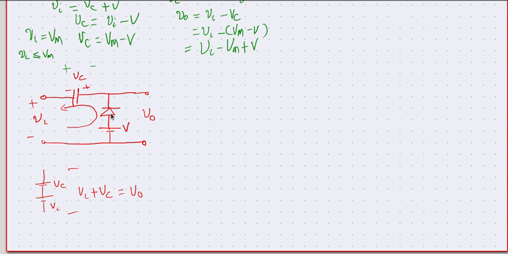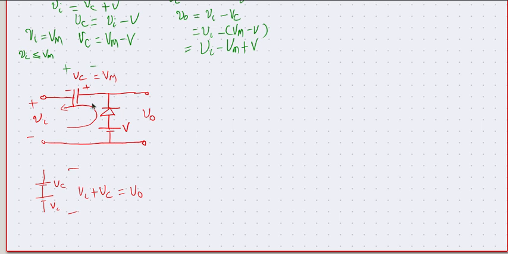Then what would happen is, when the diode is conducting, the output voltage will be equal to V, and when the diode is not conducting, then the output voltage will be Vi plus Vc. And when the diode had conducted in the negative cycle of the input, then this was charged and it has charged to its peak Vm.